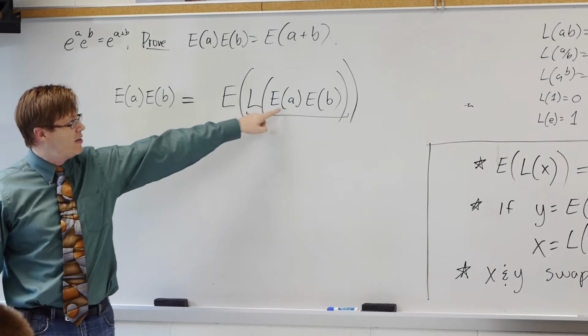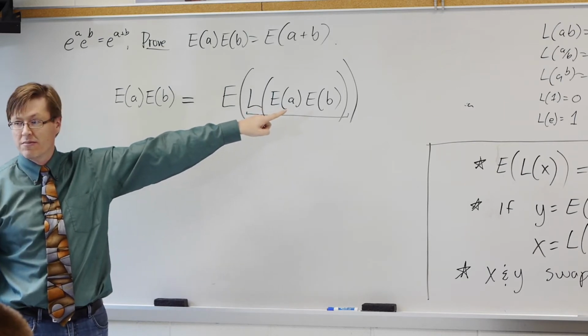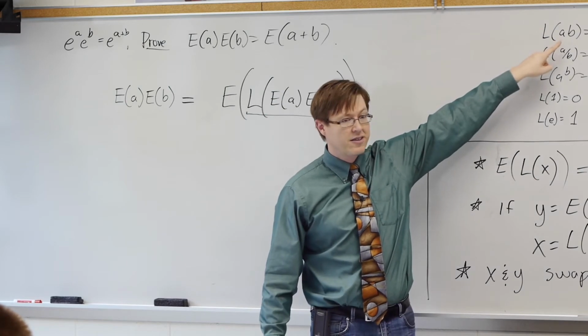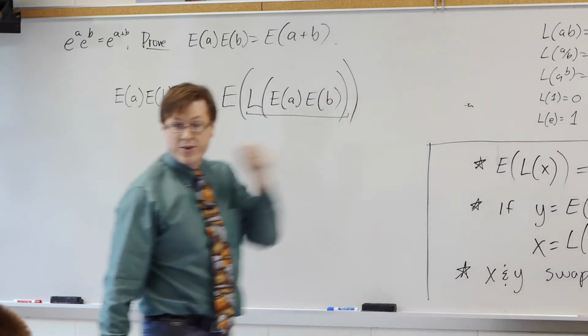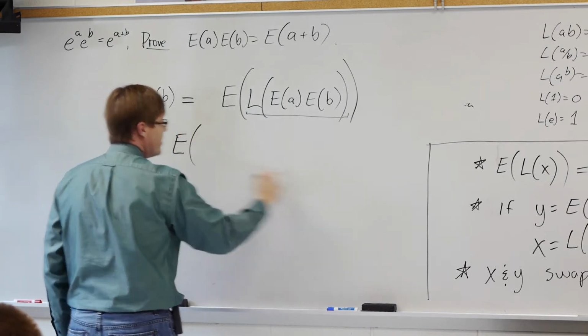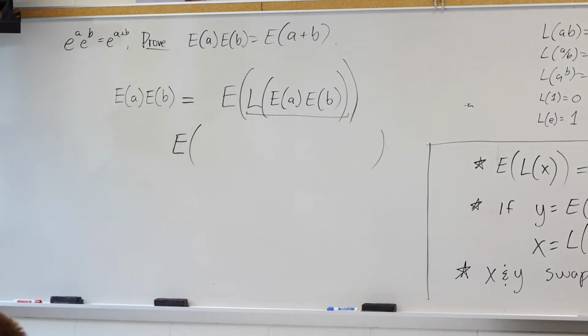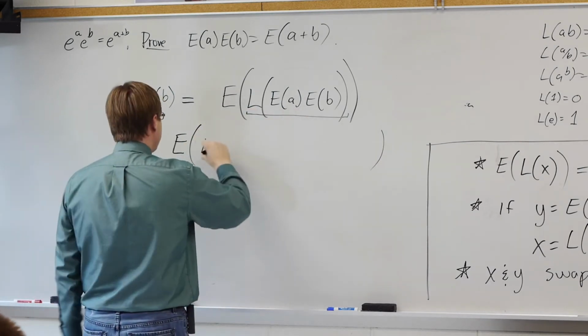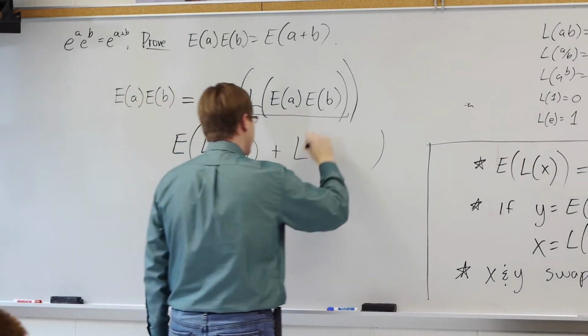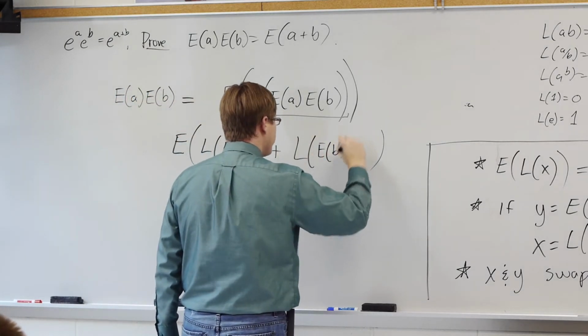This is L of a product. And what can I do with L of a product? Exactly, I can turn it into a sum. So E, that's on the outside, that just comes along for the ride. But on the inside, L of a product is L of the first thing plus L of the second.